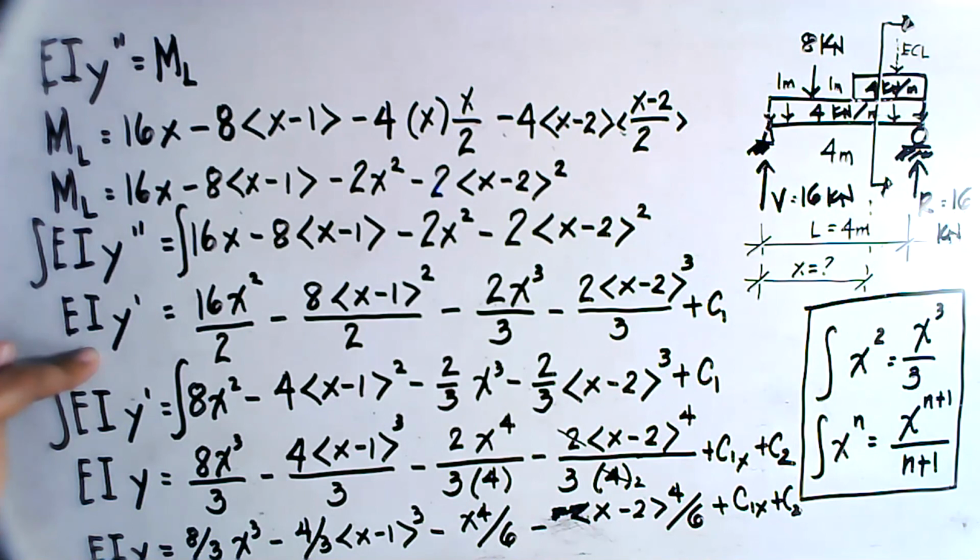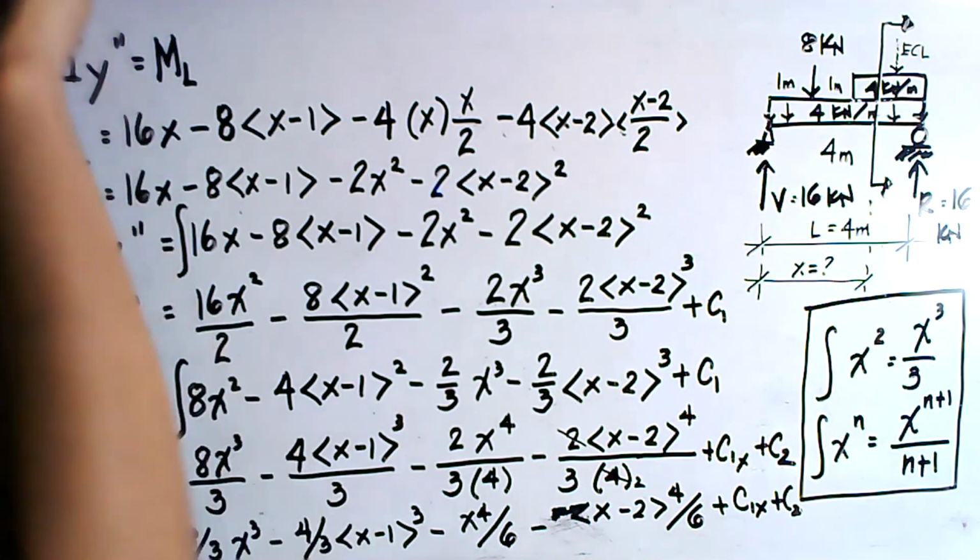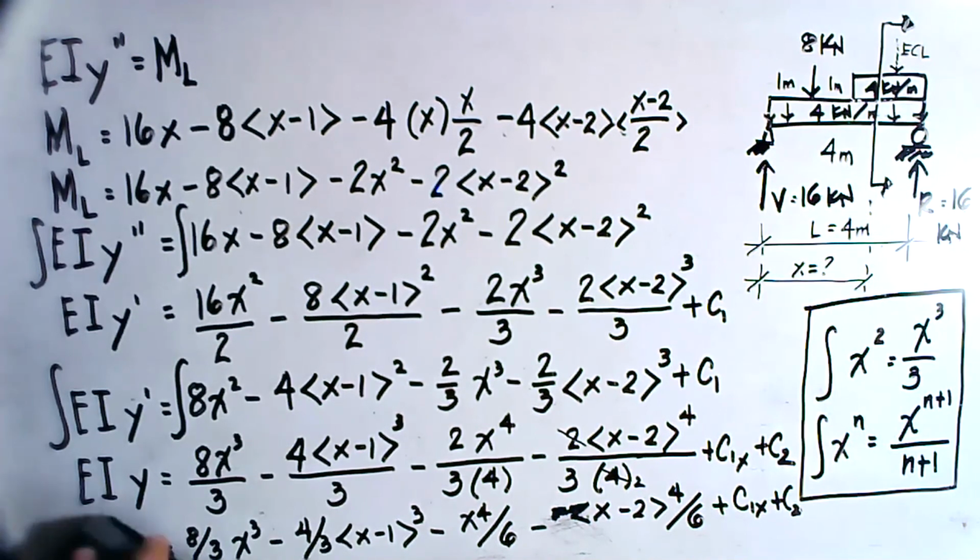And integrating again EI y prime, we will have EI y, which is what you call your deflection equation. So this is moment equation, slope equation, and then you would have your deflection equation, which we are going to use to determine the actual deflection of the beam.